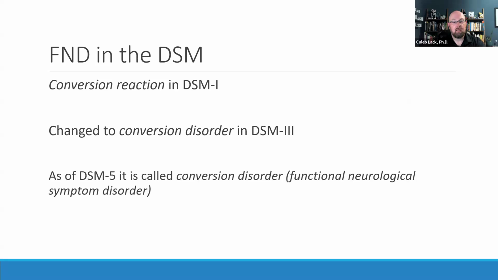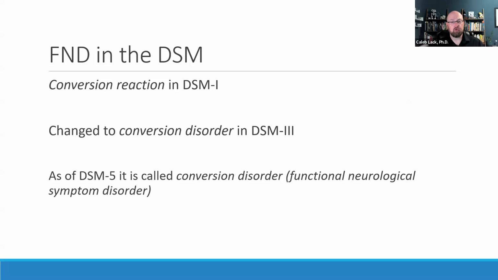In the Diagnostic and Statistical Manual of Mental Disorders, published by the American Psychiatric Association, we've seen that this collection of symptoms, this syndrome, has changed quite a bit since the very first DSM. In the very first DSM, it was called conversion reaction.